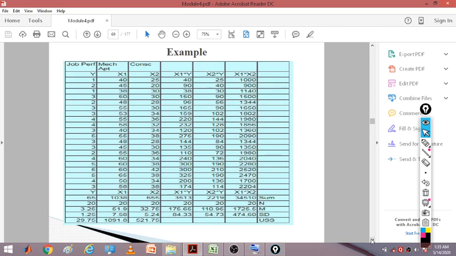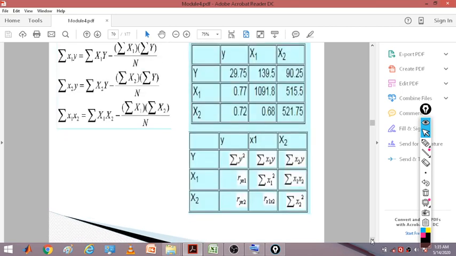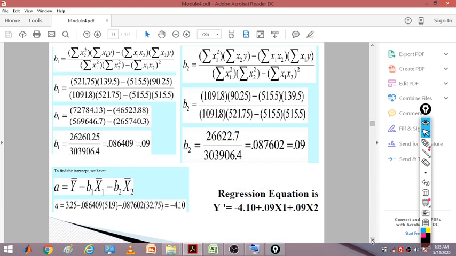Okay, now this is another example where we have given some variables. The calculations are shown like this. Your formulas are given, you can work them out and find the values. Here he has taken the values of b1 and b2 and calculated the value of the intercept a, for two variables x1 and x2.